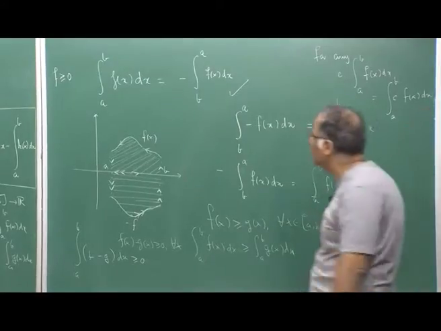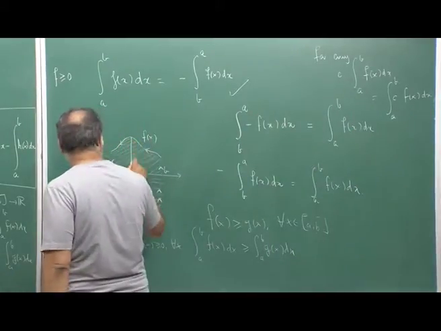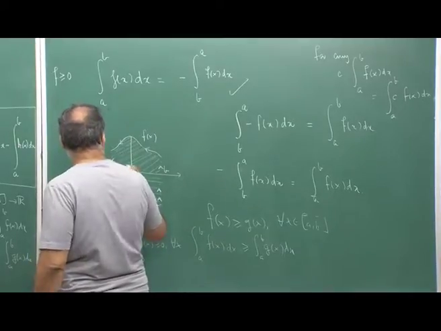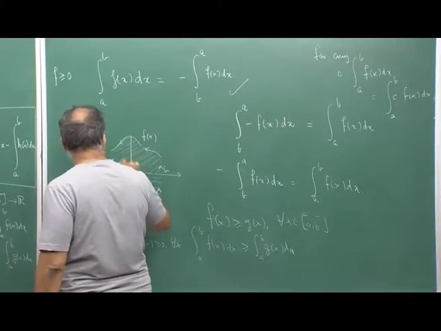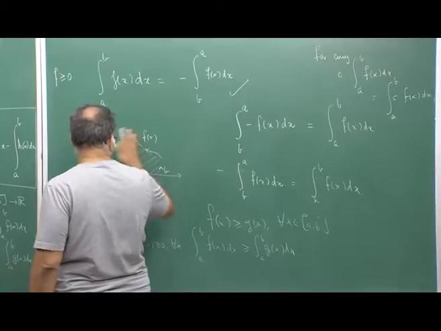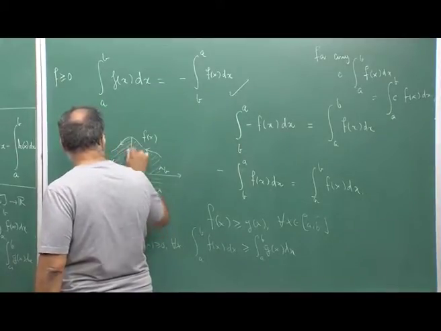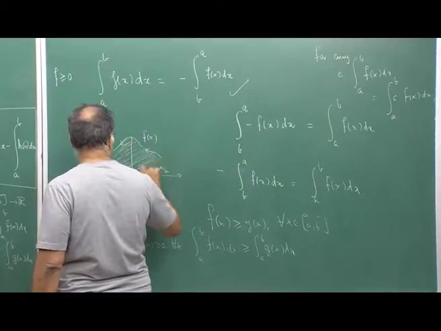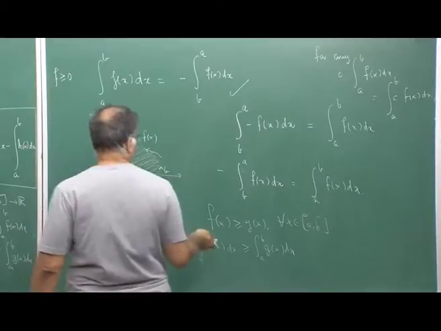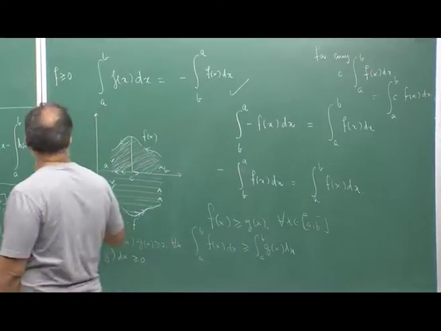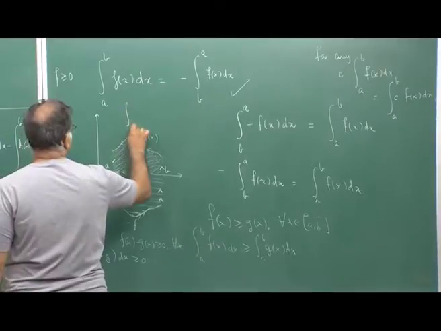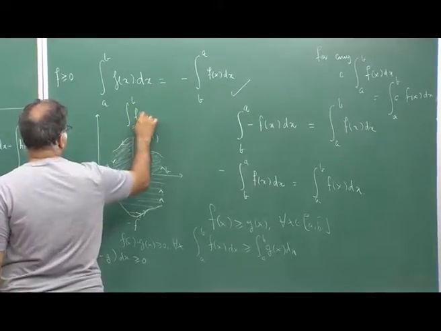If you take some number c in between, then I can first calculate the area from this to this and the area from this to this. Basically it says that it's true for any function, integral a to b fx dx.